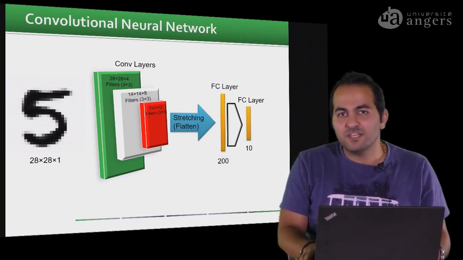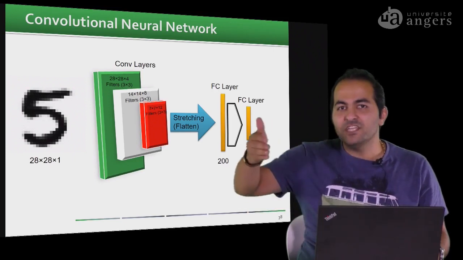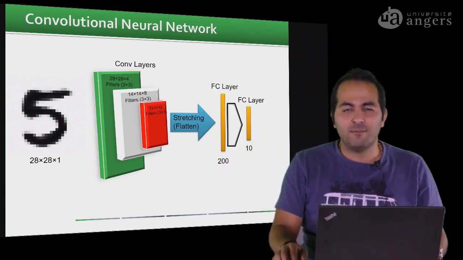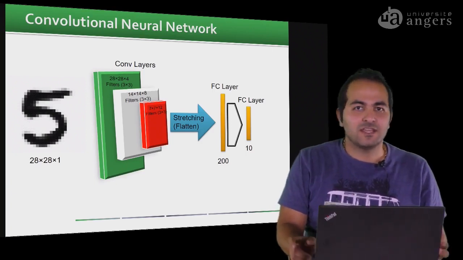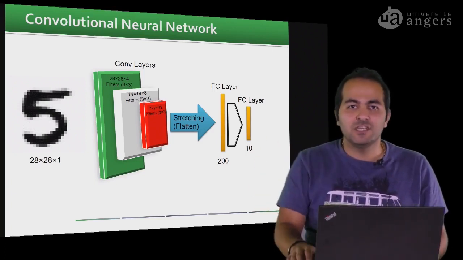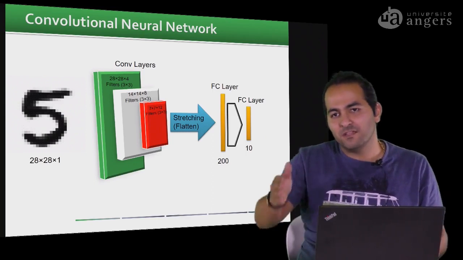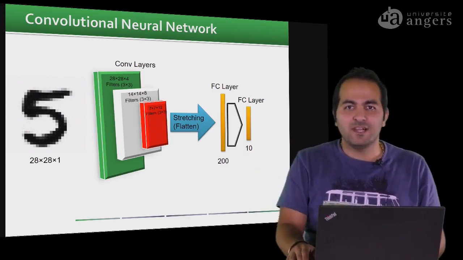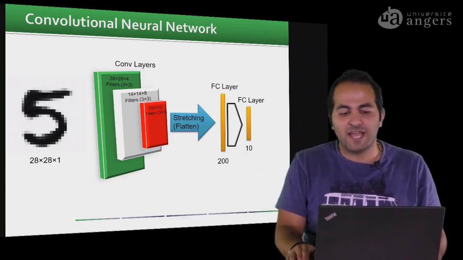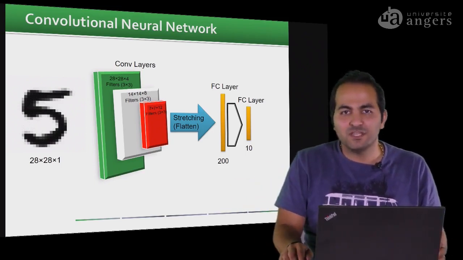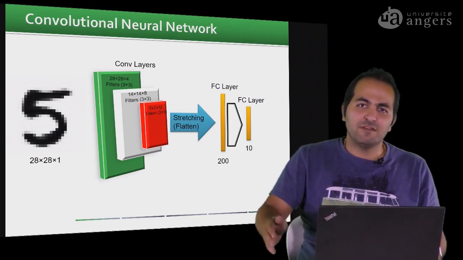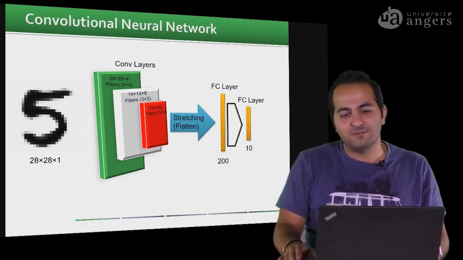Usually in convolutional layers, after each layer, we do max pooling. Max pooling is just subsampling of the image, usually to 2 times smaller than the previous one. For example, when we have 28 by 28, after applying max pooling it will be 14 by 14, and again after that it will be 7 by 7.